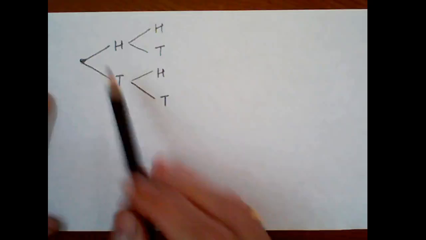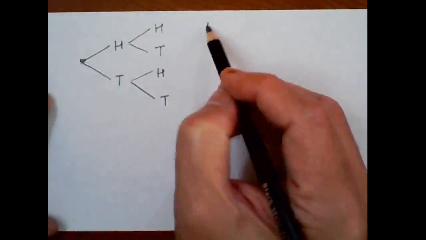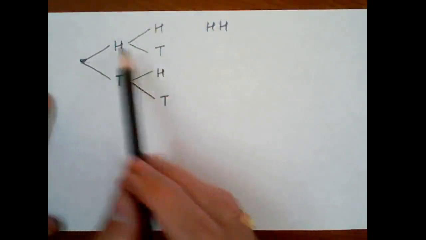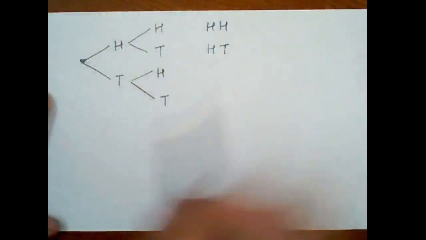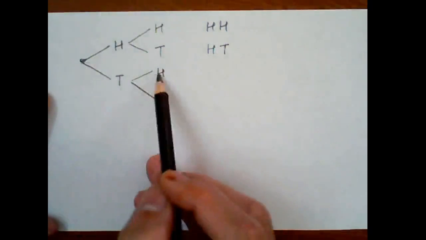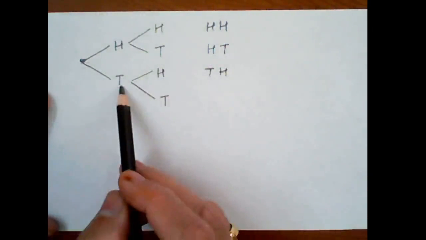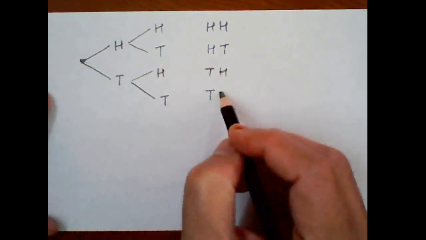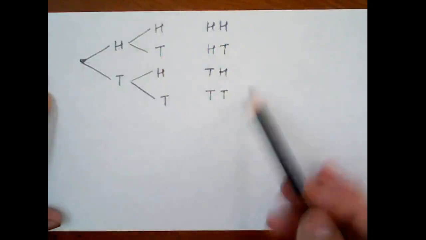So the possible outcomes are H in the first toss, H in the second toss, which is H, H. H in the first toss, T in the second toss. Tails in the first toss, heads in the second toss. Tails in the first toss and tails in the second toss. So here are all the 4 possible outcomes.